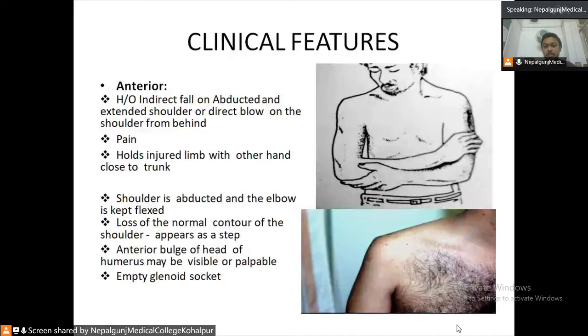If there is severe dislocation, the subglenoid form or the intrathoracic form, you can see the visible humeral head just over the chest region. If you palpate, you can palpate the humeral head, and there is an empty glenoid socket. These are the few clinical features you see as symptoms or on evaluating the patient.